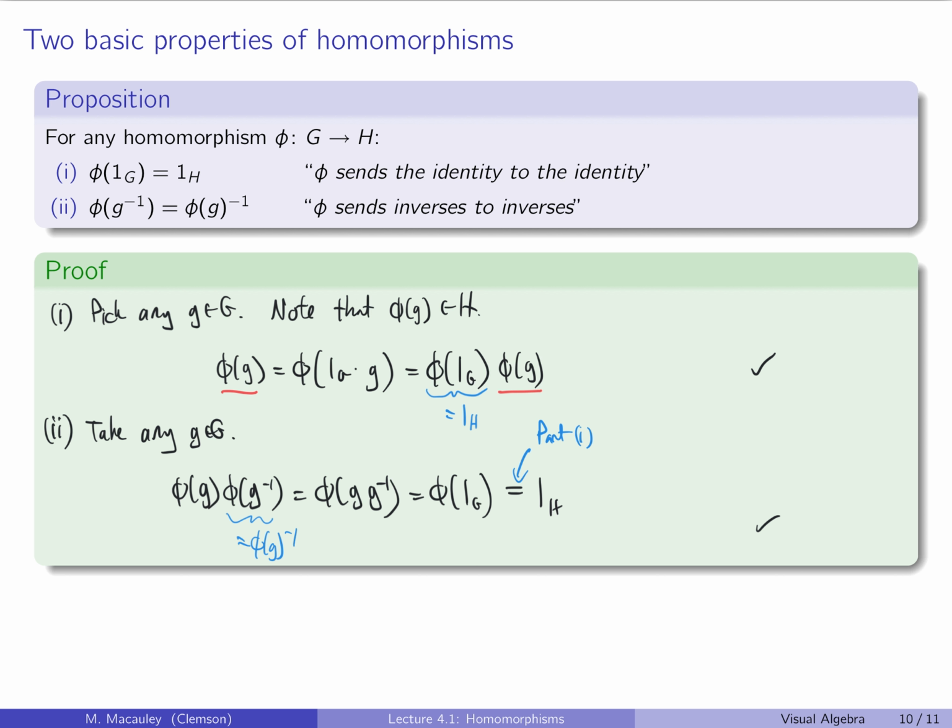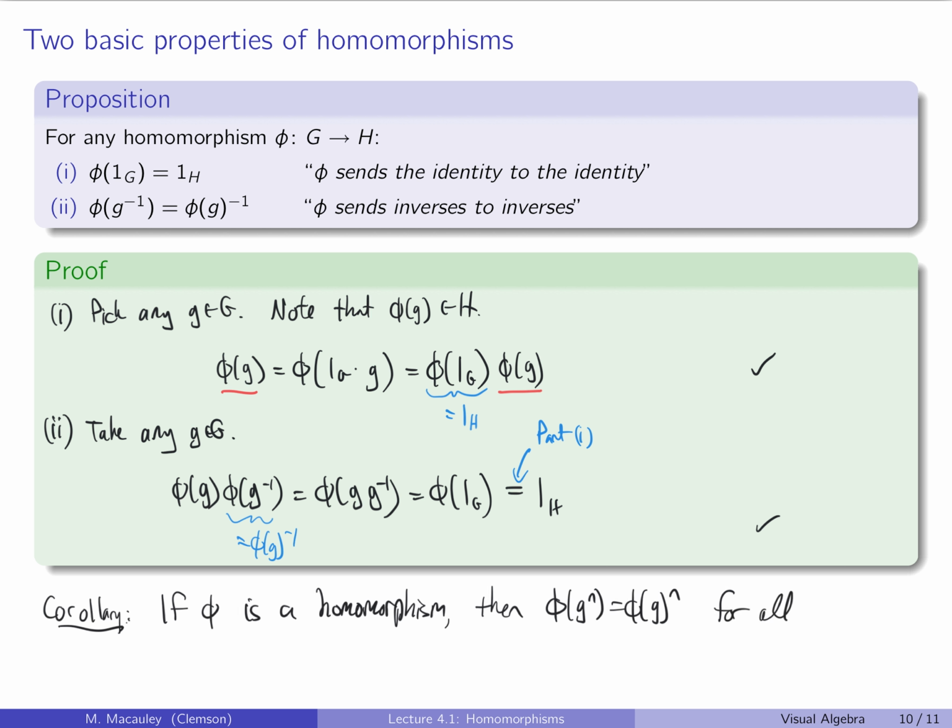So as a corollary, if phi is a homomorphism, then, well, we know that phi of g^n equals phi of g to the n for all positive integers n, and n equals 0.